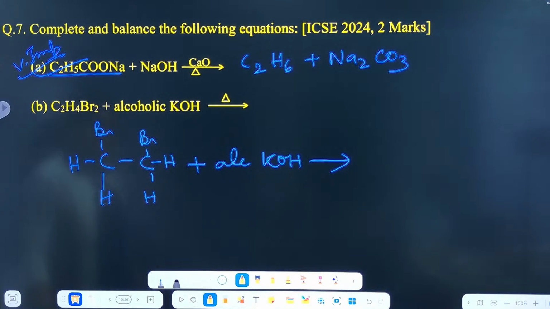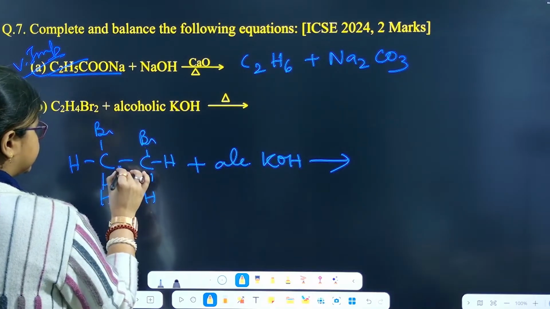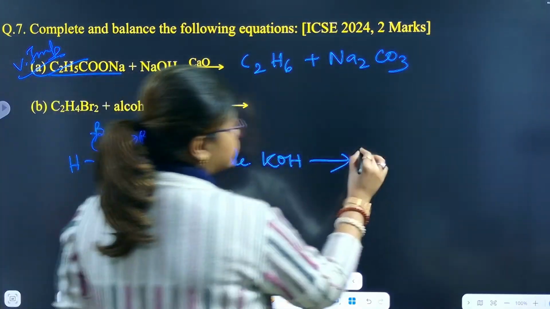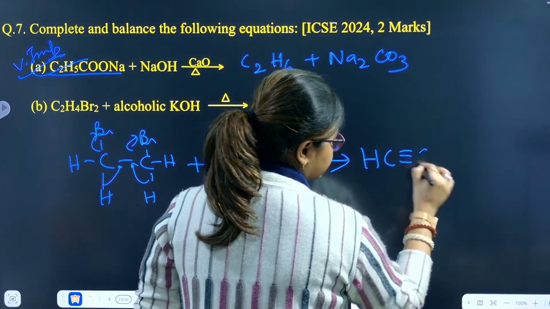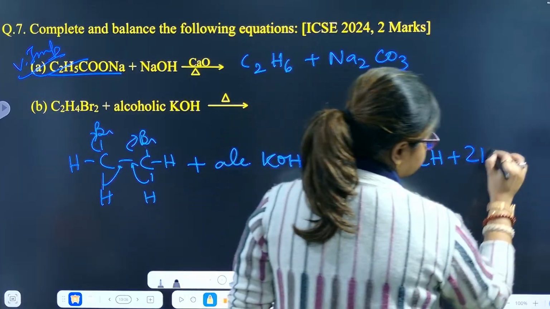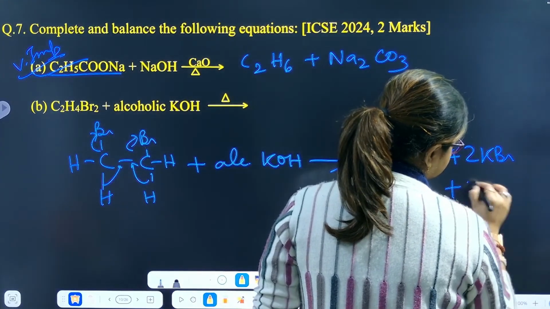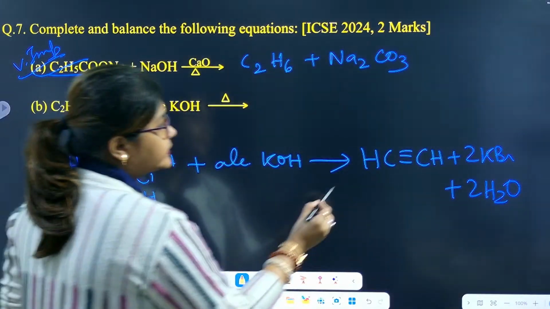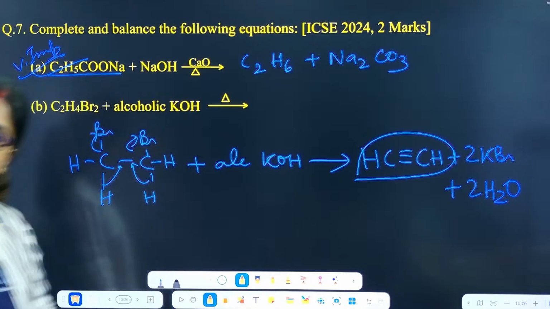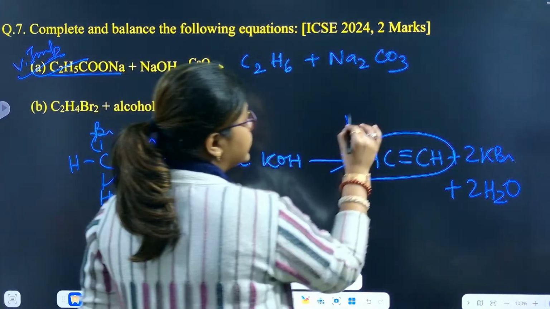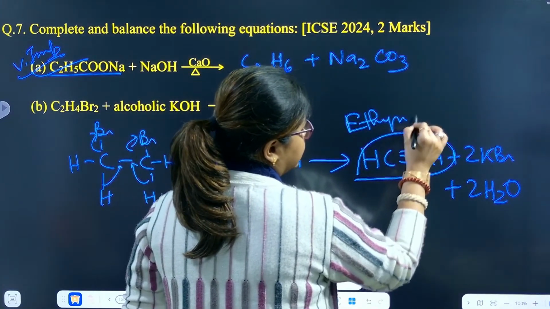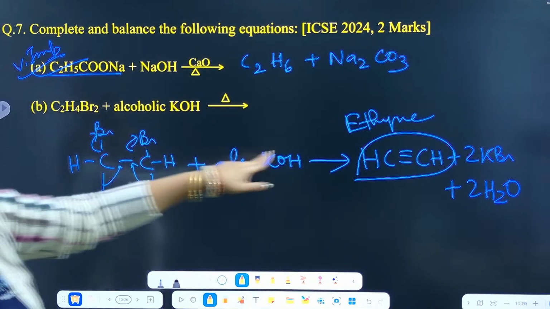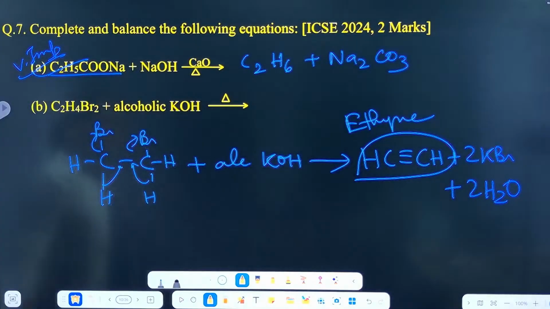C2H4Br, राइट? सो यहां से HBr निकलेगा, so this will generate alkyne, right? So this is ethyne, right? So from this you are getting ethyne.